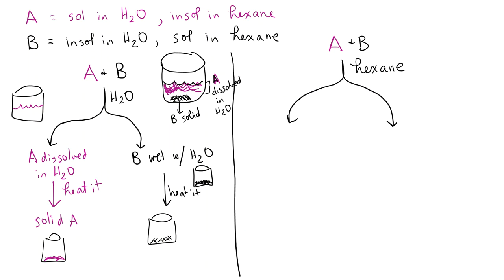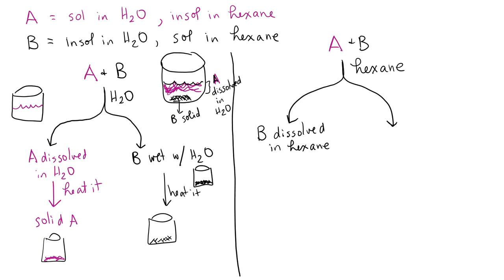Well, we know that A is insoluble in hexane, so that's going to stay a solid. It does not dissolve. We know that B is soluble in hexane. So what happens is you get B that is dissolved in hexane as a liquid layer.